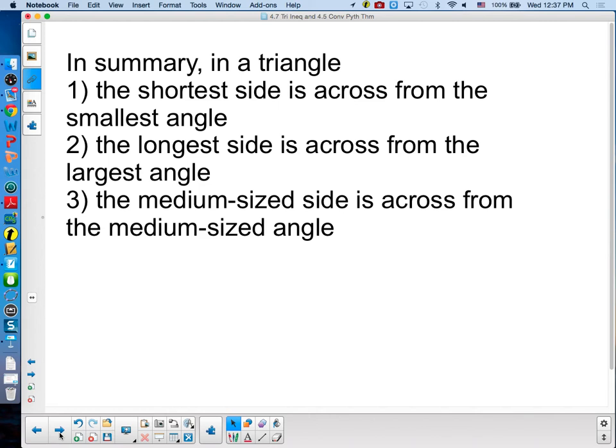The shortest side is going to be across from the smallest angle. Put all of them down in order.